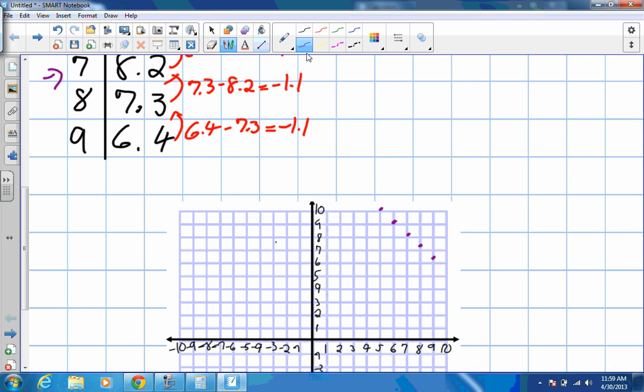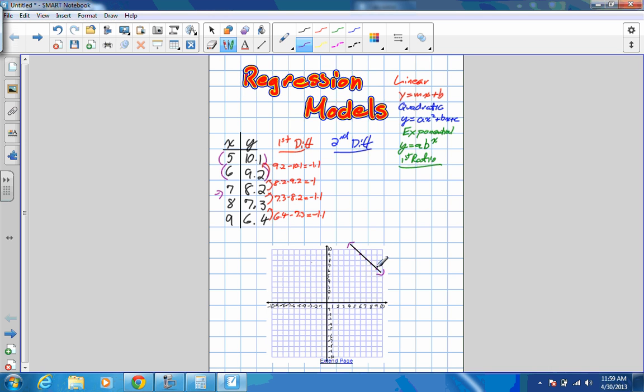So again, this looks best represented by a straight line. So it's most likely a linear model represents this regression the best. We didn't actually have to go into our second differences and first ratio because on our first try we figured out that this was linear.